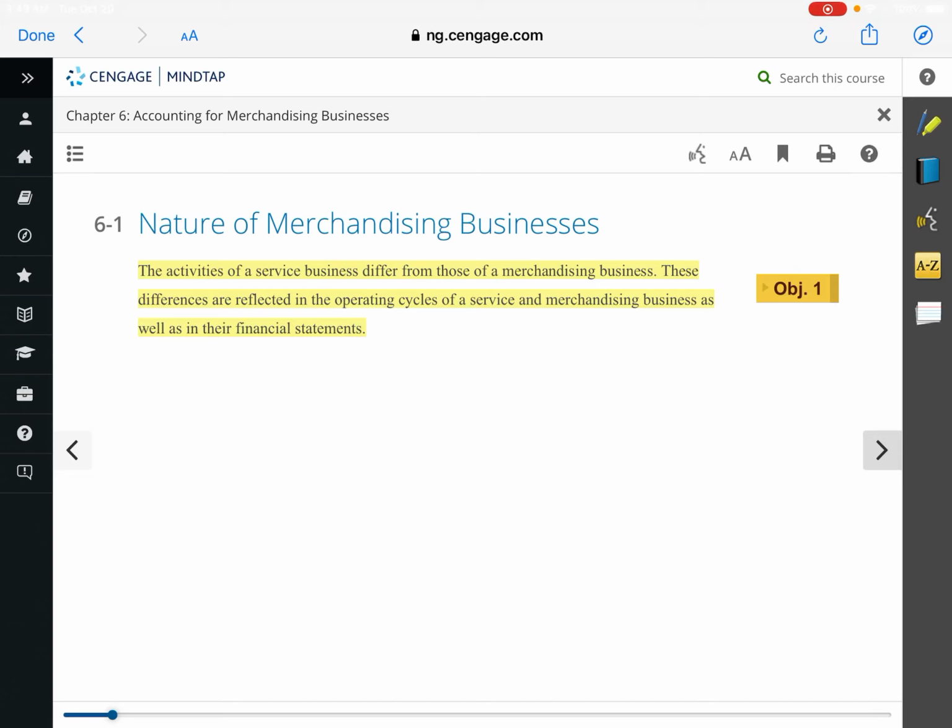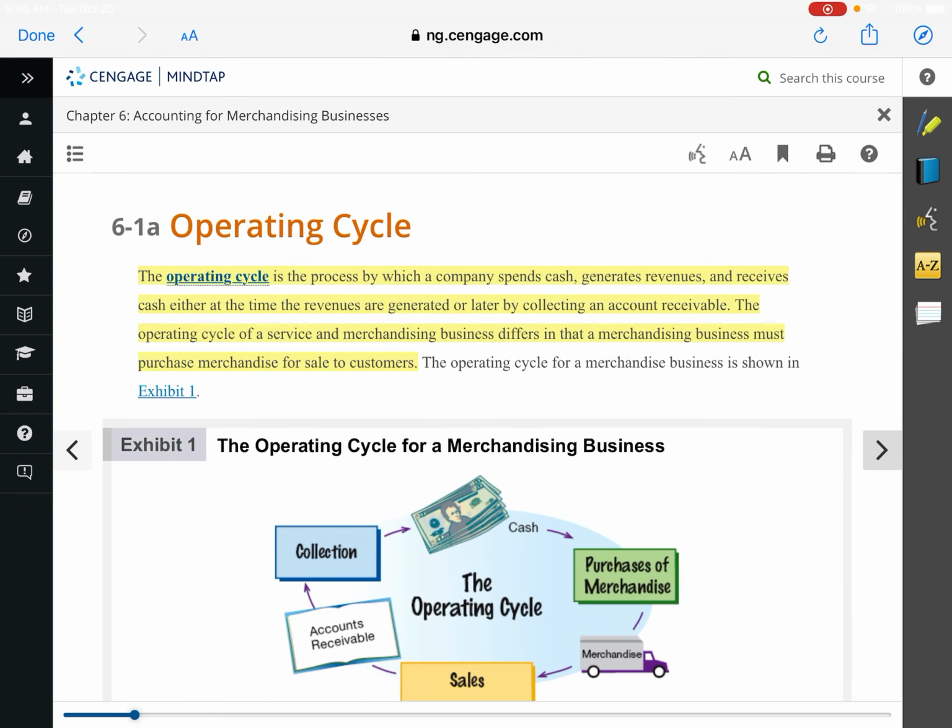When we talk about a jewelry store, it's not so quick. They don't mind holding on to a really expensive diamond for months or years because of how valuable it is. Milk, while it is valuable in bulk, is a different type of inventory. So depending on what type of business we have, that operating cycle is either going to be really quick or it's going to be slowed down.